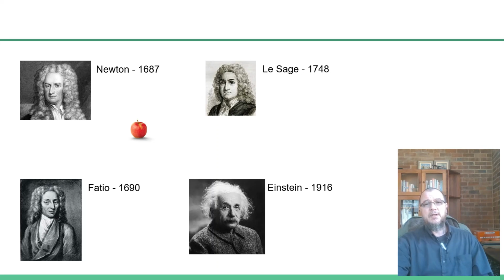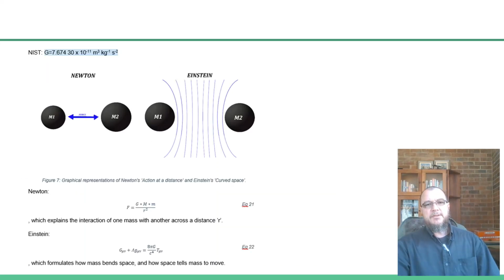At the moment, our best theory of gravity is contained within Einstein's theory of general relativity. The gravitational constant G features in any equation of gravity that you might encounter. On the screen, we have representations of two of our main theories, being Newton's and Einstein's.